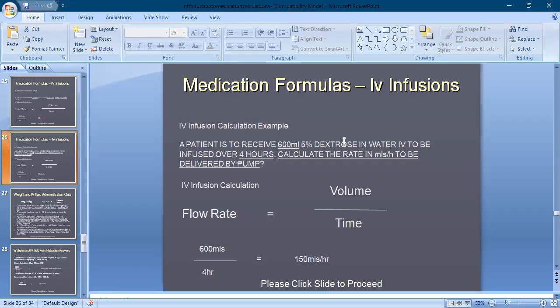You do not want to put your foot in the trap. The ml is the unit of volume, and the time is given in hours. Just calculate the flow rate, and the flow rate unit is ml per hour. So it is 600 divided by 4, which is 150 ml per hour. That is the flow rate for the patient.